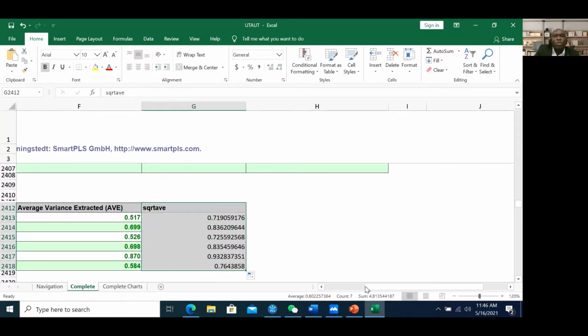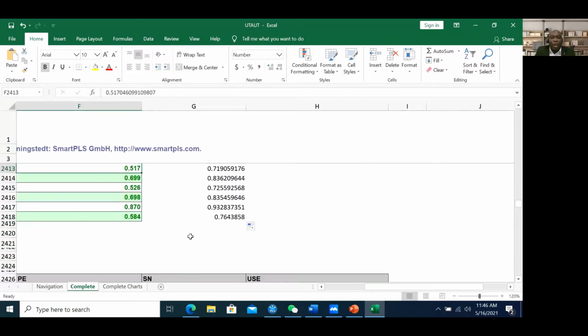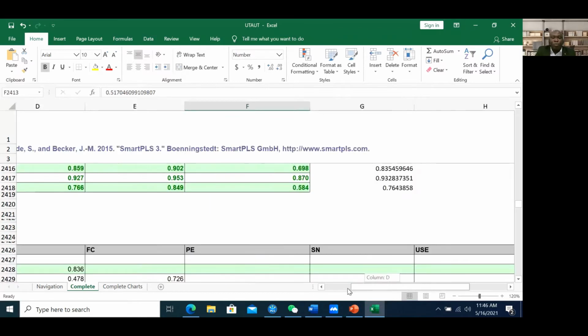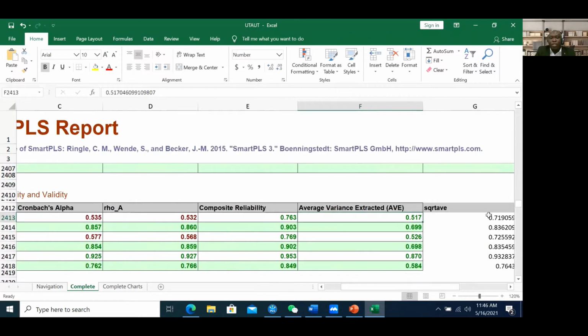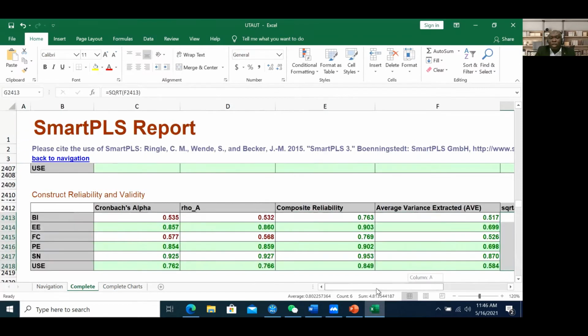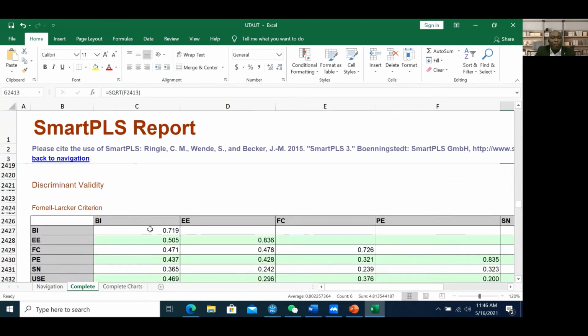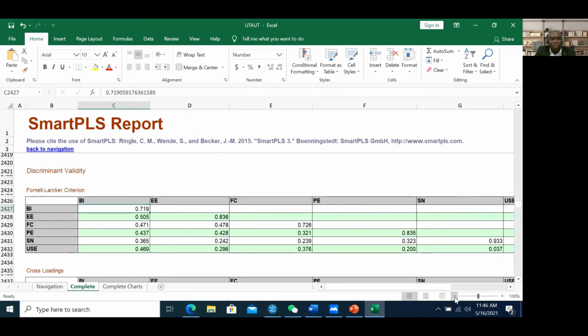To assess the Fornell and Larcker criteria, it says that this square root of the AVE has to be greater than its correlations with other latent variables. Now, the same result is what is presented over here. Okay, let me minimize this a little.